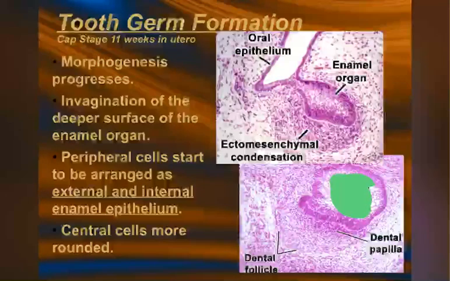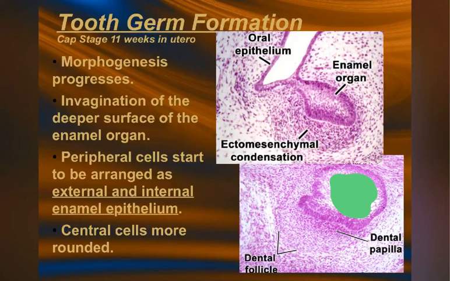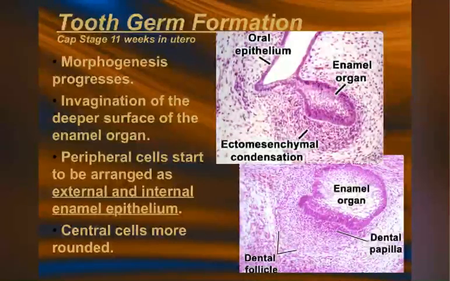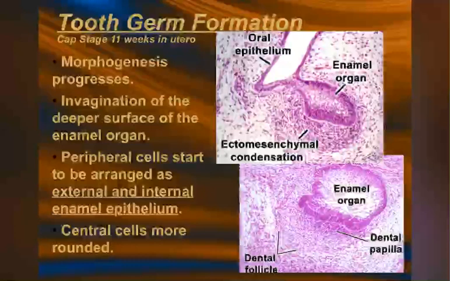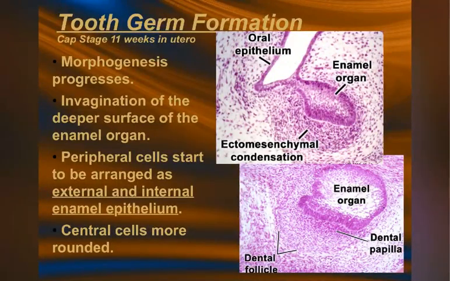Stellate reticulum are star-shaped cells with many intercellular spaces in between. And these intercellular spaces are filled with fluids. Okay. Peripheral cells start to be arranged as external, internal enamel epithelia, central cells more rounded, and these central cells are called stellate reticulum.